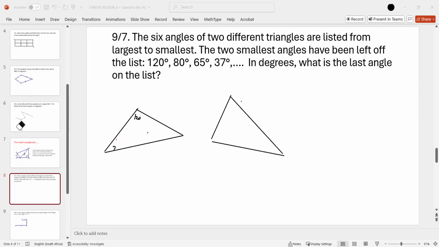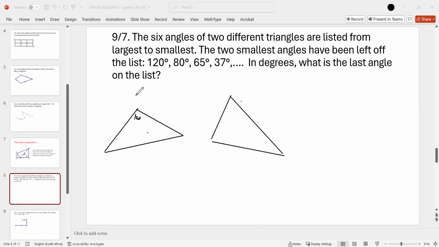And now I ask, let's start with 120. Now, we've got 80. Can 80 be an angle in this triangle? I'm sure you all know.